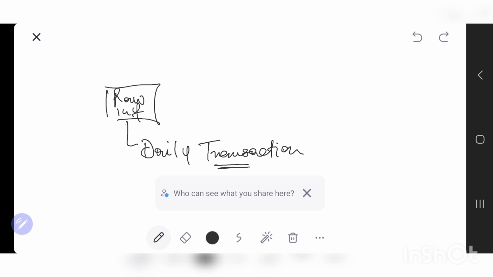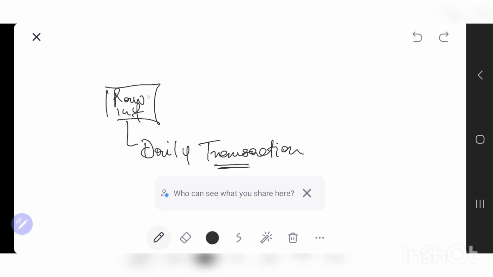A transaction is you going to the bank, for example, to deposit money. That's a transaction. And a transaction is a business selling inventory to its customers. That's a transaction. So we are trying to take those daily transactions, which are just raw data.